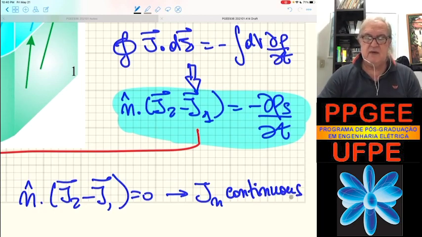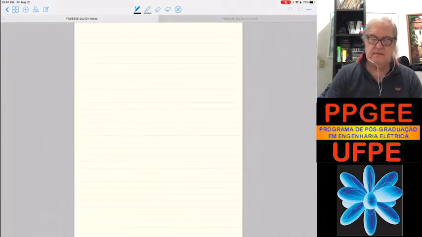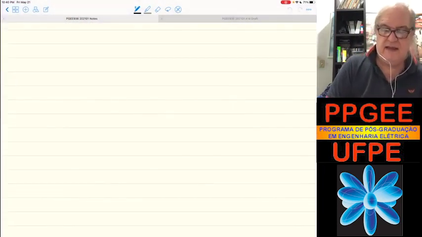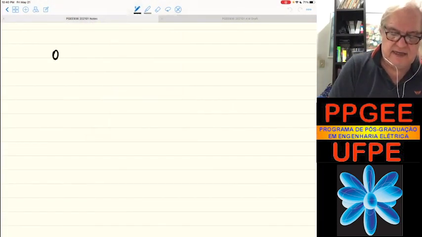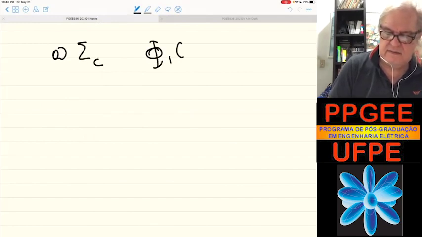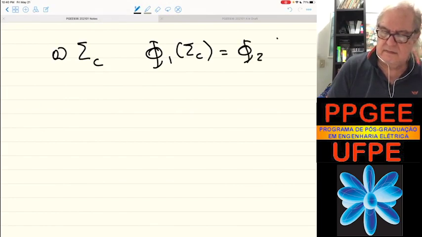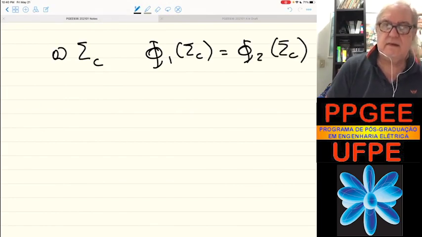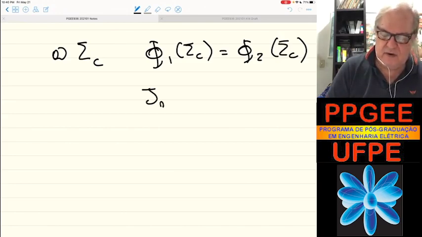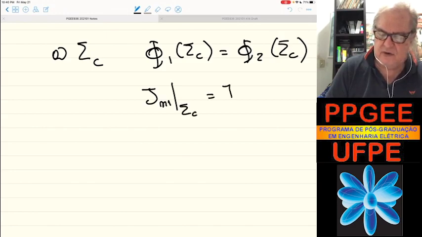One is continuity of the potential at the contact surface, and at the same time, J normal 1 at sigma c equals J normal 2 at sigma c.